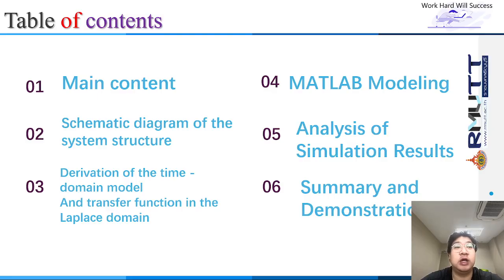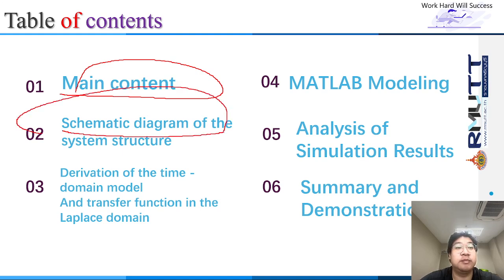Next, we have six parts. Part one is the main content. Part two is the schematic diagram of the system structure. And part three is the derivation of the time domain model and the transfer function in the Laplace domain.